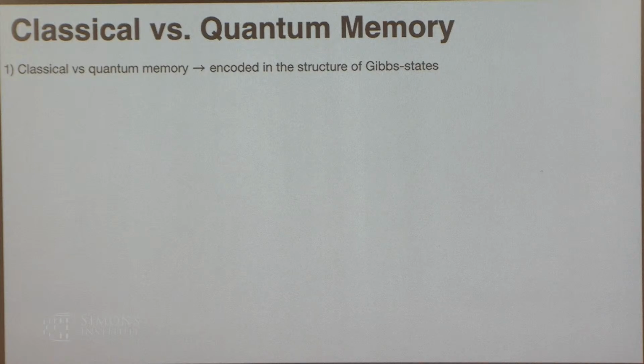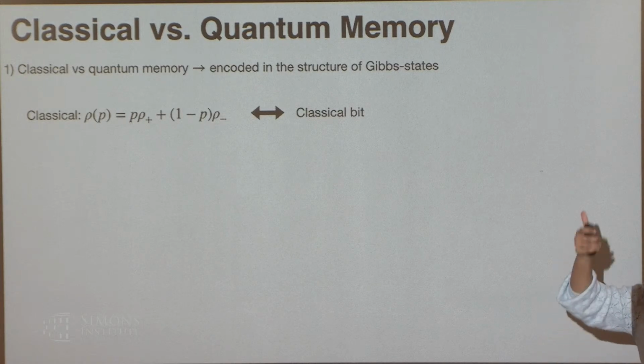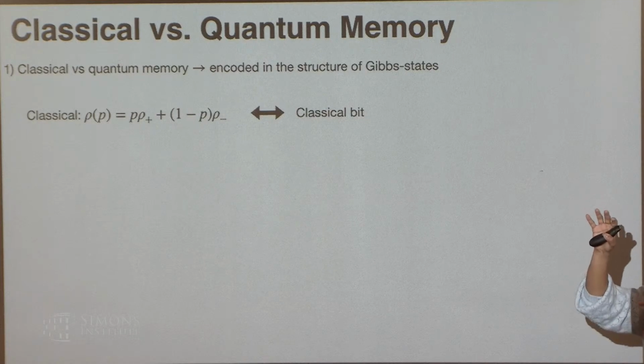Okay. So classical versus quantum memory is encoded in the structure of the Gibbs states. If you have a classical bit, as I said, you have these two Gibbs states, rho plus and rho minus, with weights p and 1 minus p. That's your classical bit, and these two Gibbs states are orthogonal. On the other hand, if you have a qubit, I can think of a logical up state and a logical down state, which are certainly orthogonal subspaces.